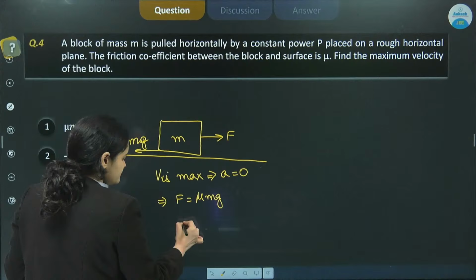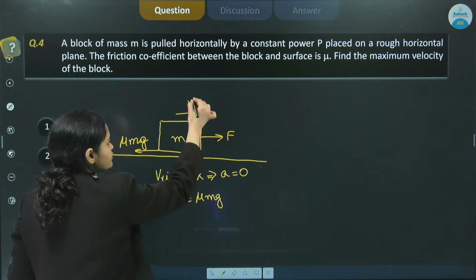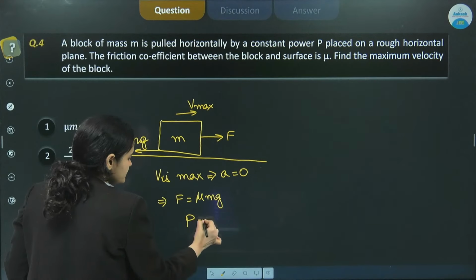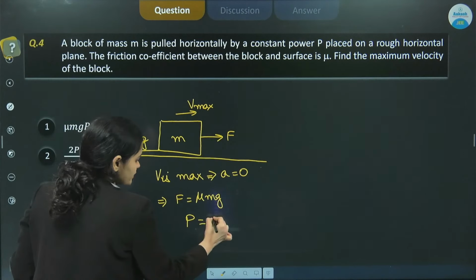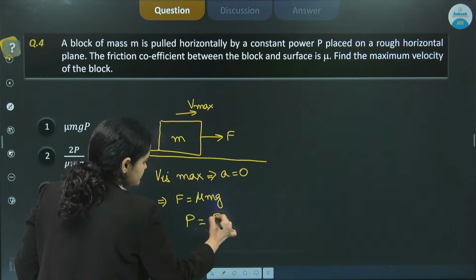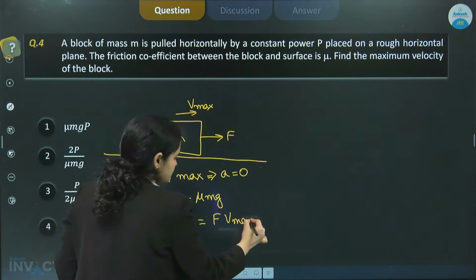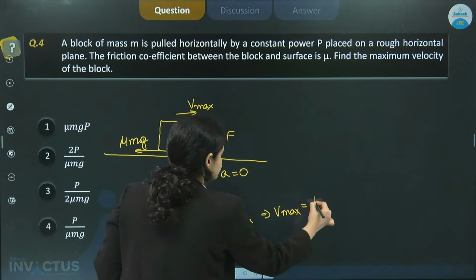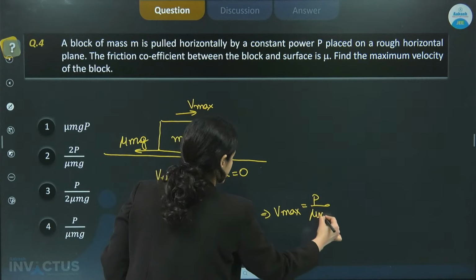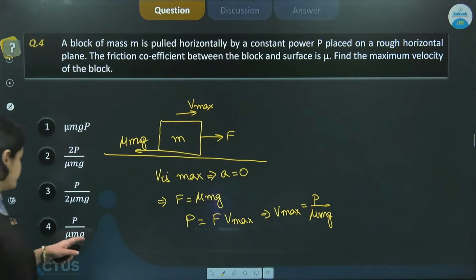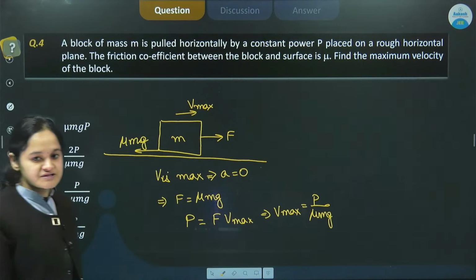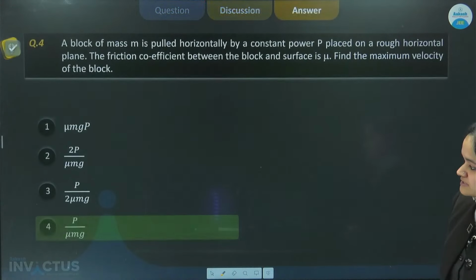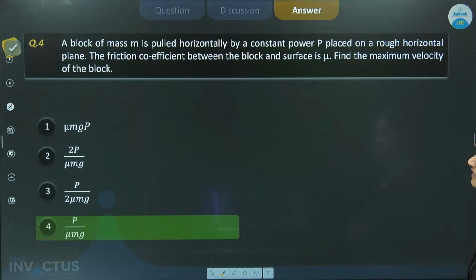At the moment when it is moving with the maximum velocity, the power of this external force is F times V max. So V max is power divided by force, which is mu mg. So P divided by mu mg will be the answer for this question. The answer turns out to be the fourth option.